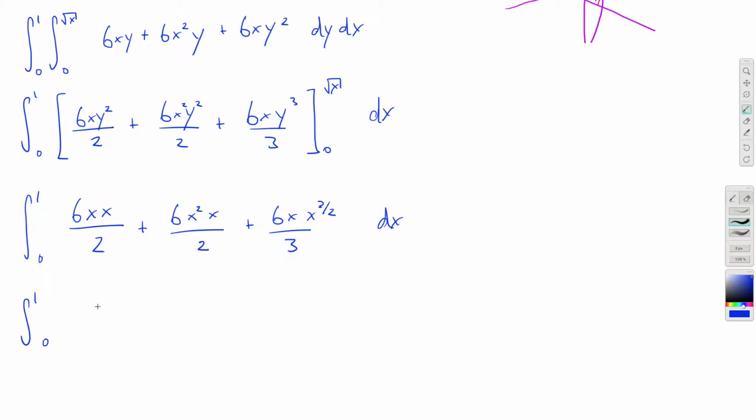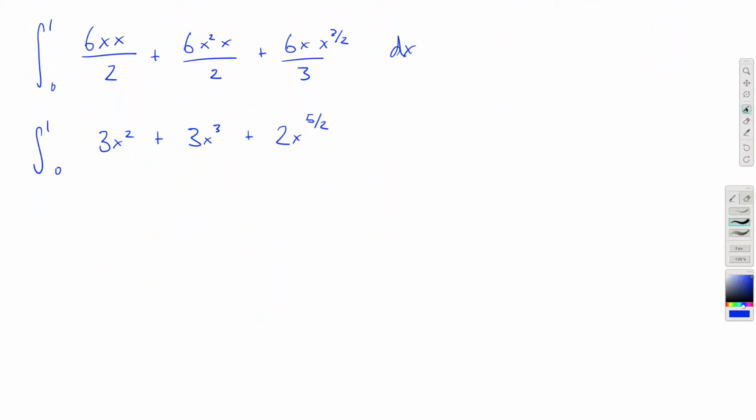This is going to be 3x squared plus 3x cubed plus 2x to the 5 on 2. Remember that when you are multiplying things that have powers, the powers add, so x to the 1 times x to the 3 on 2 gives you x to the 5 on 2, dx.